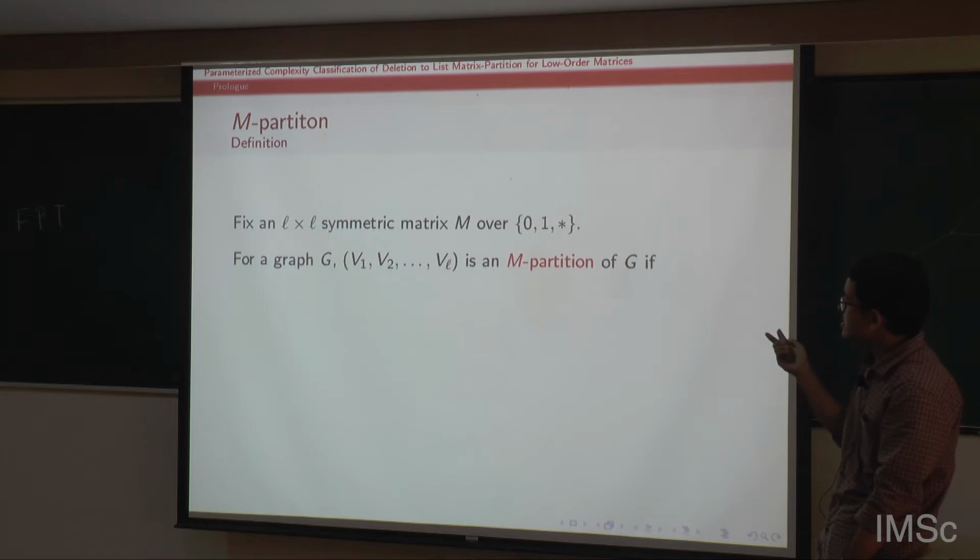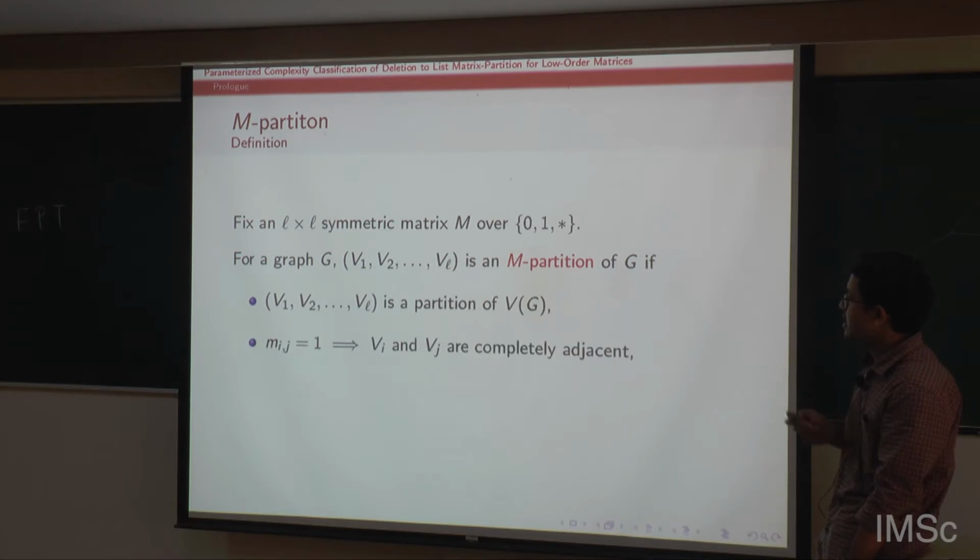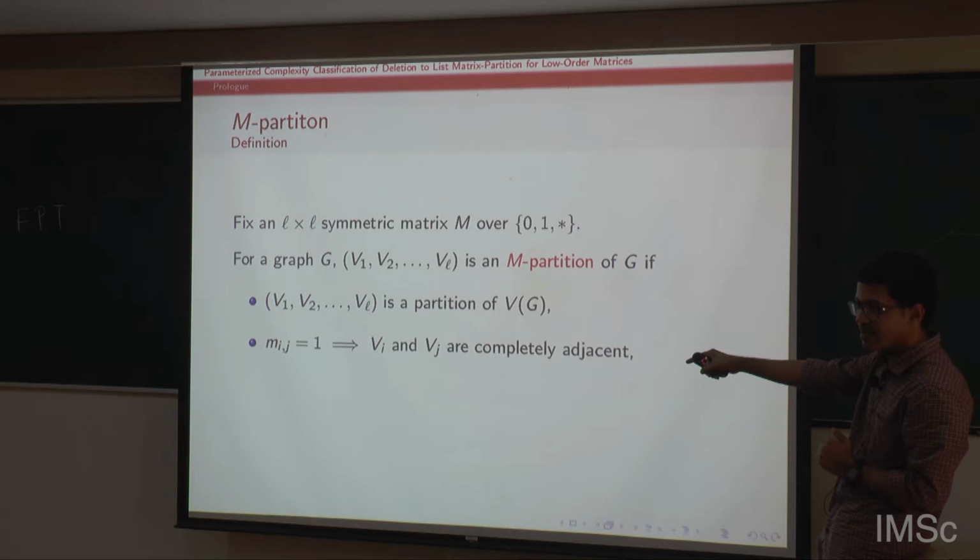So for an L cross L matrix, we are looking for a partition into L many parts. It should be a partition, and the ijth entry equals 1 means parts Vi and Vj should be completely adjacent. There should be all the possible edges between them. And if i equals j, that means the part Vi must be a clique.